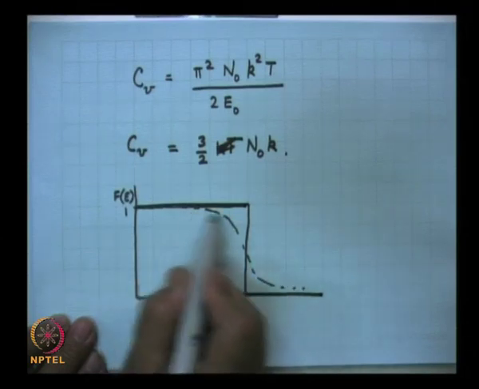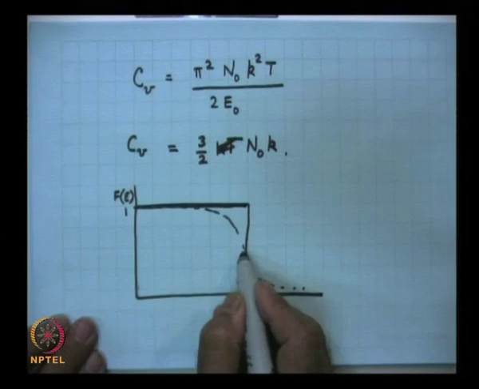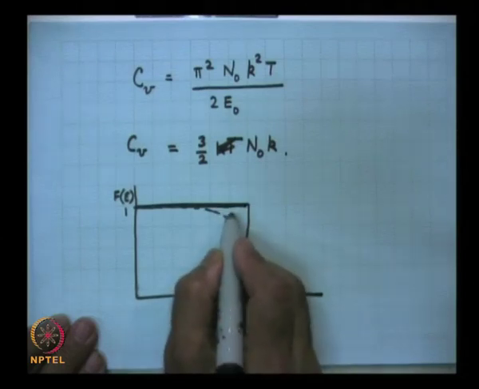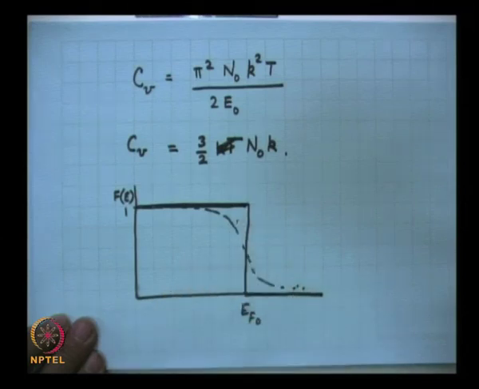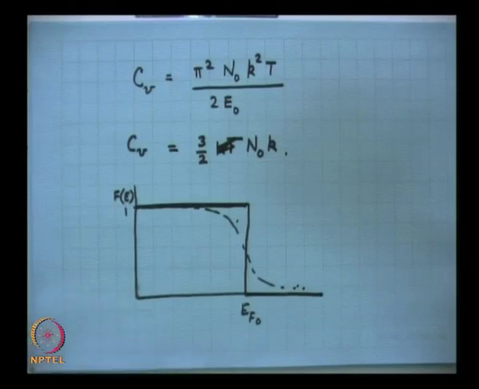So, only a small number of states around this E_F0 will have a slightly lesser probability, and only these electrons will go up when you heat it. So, these electrons really do not contribute to the specific heat, and therefore the electronic contribution to the specific heat is much less than what we would expect if we had assumed that the electron behaves like a classical gas.